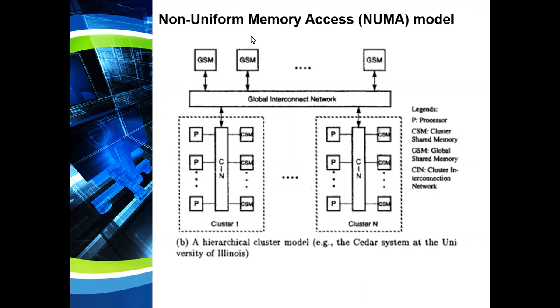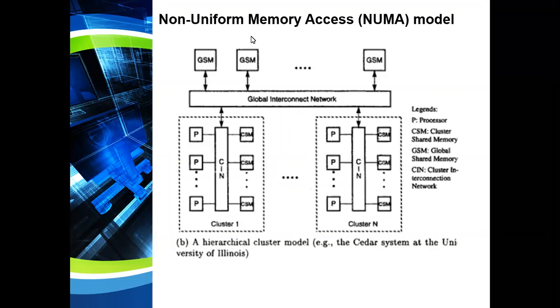So you see what a CSM is. On the side, I have given the legends, the explanation of legends within this diagram. What is a CSM? Cluster shared memory. On each cluster, there are processes and the cluster shared memory, provided with the concept of CIN, Cluster Interconnection Network.